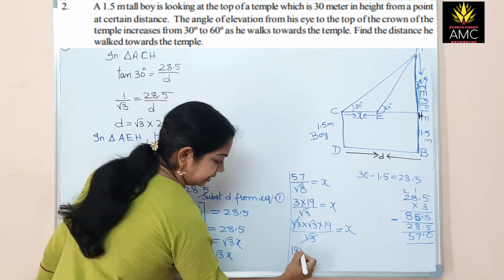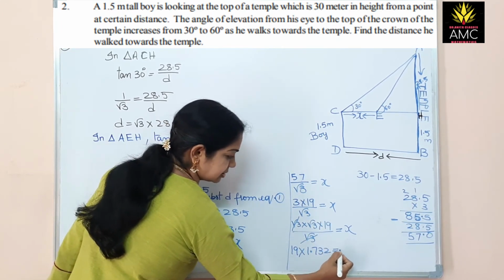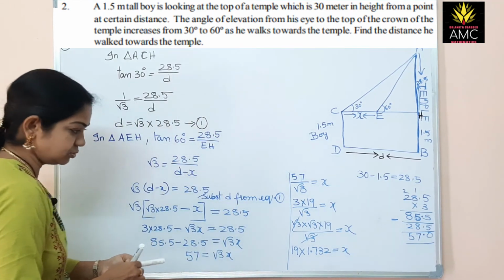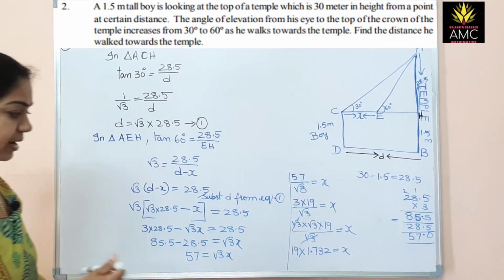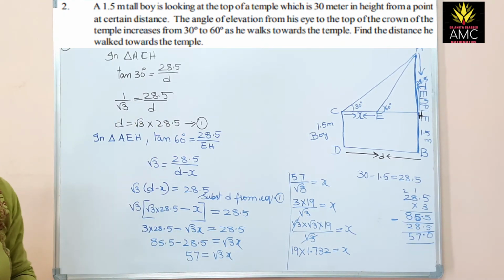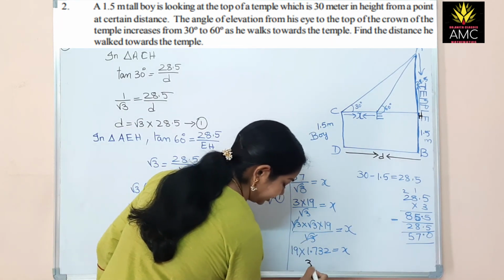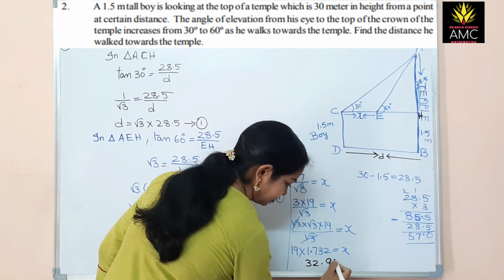So 19 into root 3, whose value is 1.732, is equal to x. Let's do that in the rough part here. 19 into 1.732 comes to 32.908.